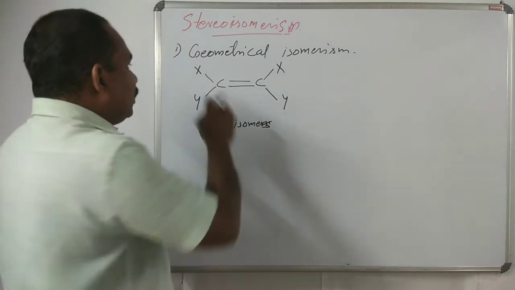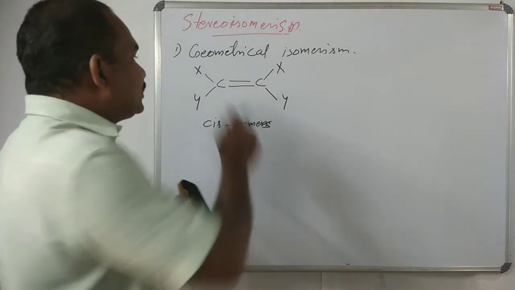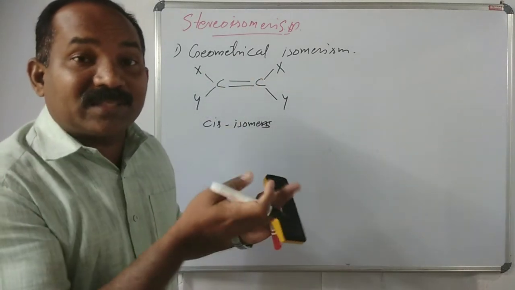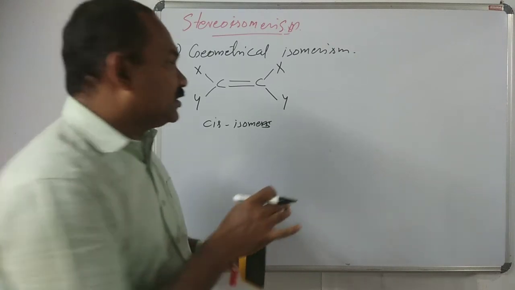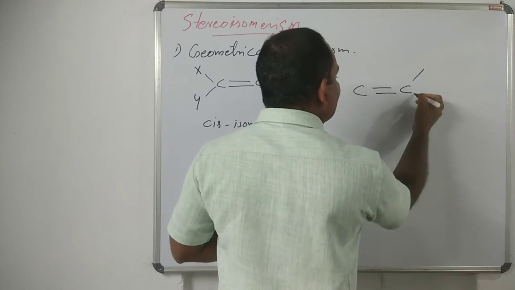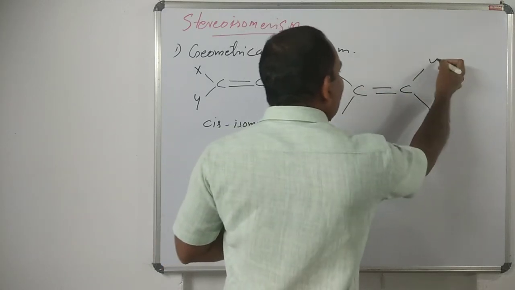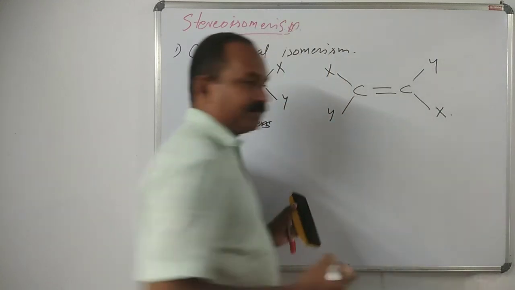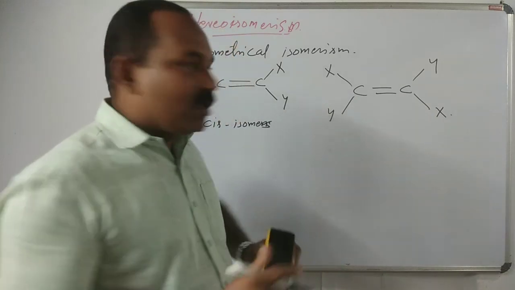Okay. X and Y, the similar groups, are on the same side of the double bond. Such isomers are called cis isomers. Another possibility, another spatial arrangement: X, Y, Y, X. So look at this structure.